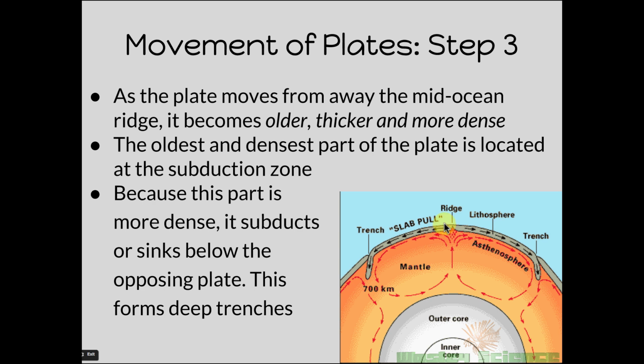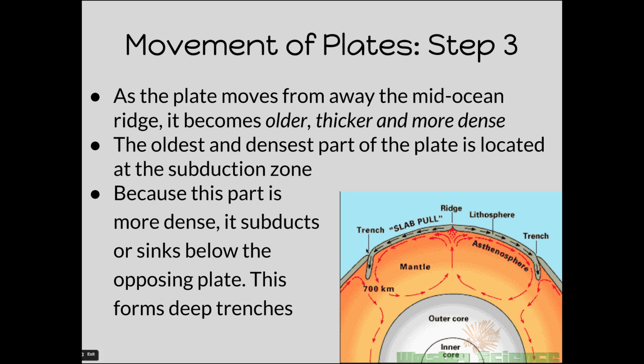You've got to remember that the oceanic crust is actually just mantle coming up into the lithosphere. So the lithosphere is really just hardened mantle. And the farther away you get from the ridge, the longer ago that part of the lithosphere was formed.